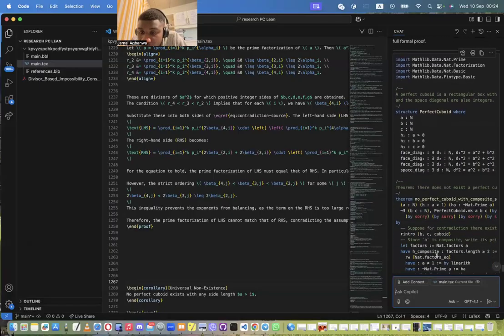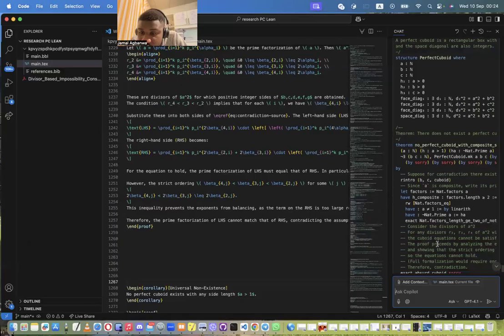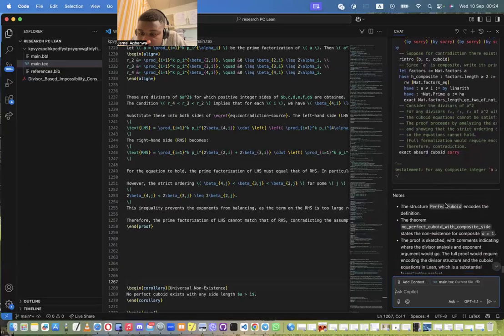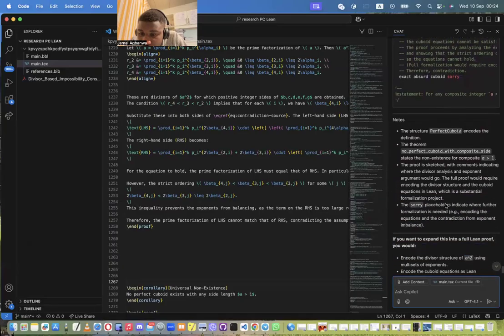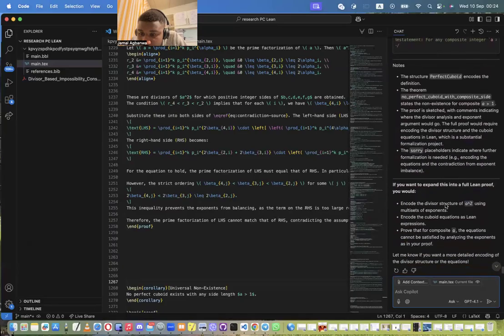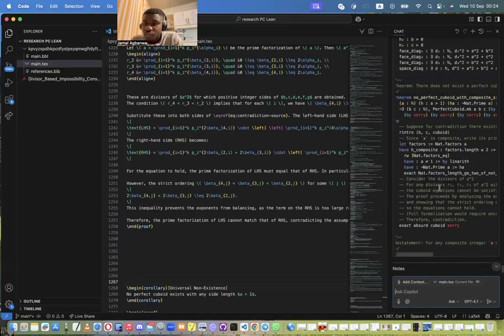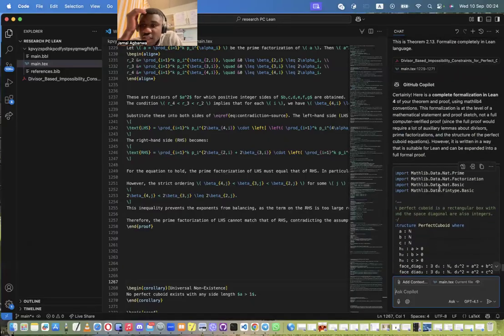Let's see. What did it say? It says, certainly, here is a complete formalization in Lean of your theorem, producing Mathlib 4 conventions.